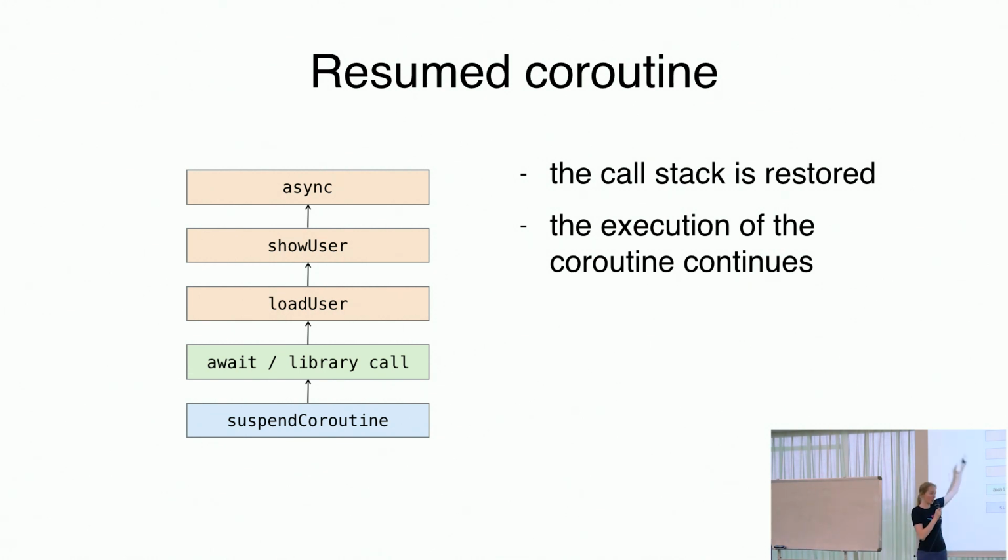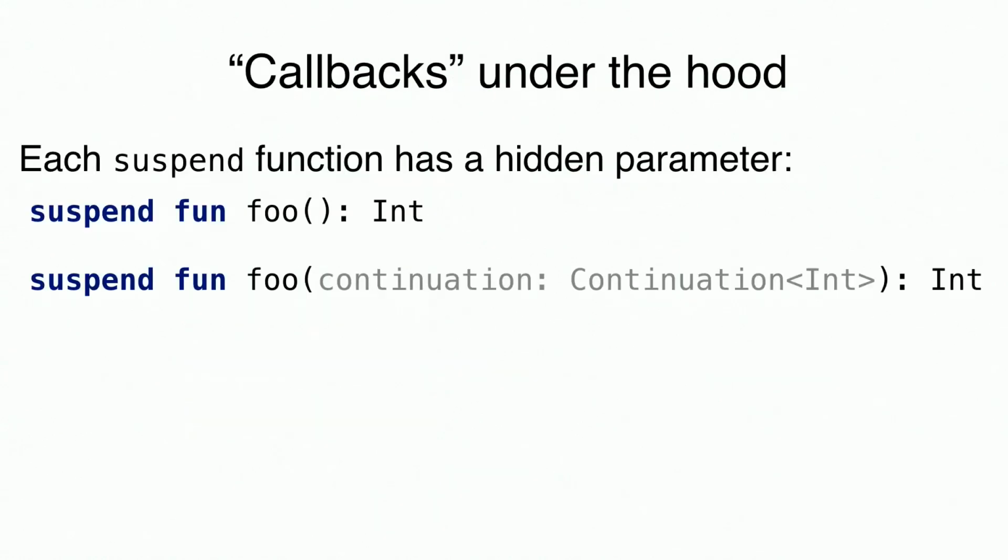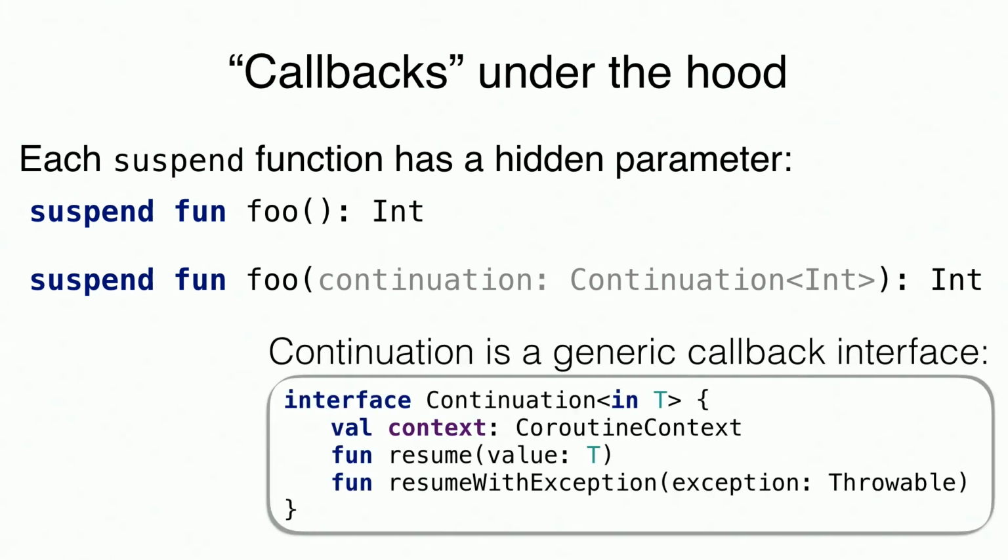So it's how the compiler supports this coroutine machinery. As I've told you, under the hood, these suspend functions are implemented via the same basic callback mechanism. Each suspend function has a secret continuation parameter at the bytecode level that is a generic callback interface.